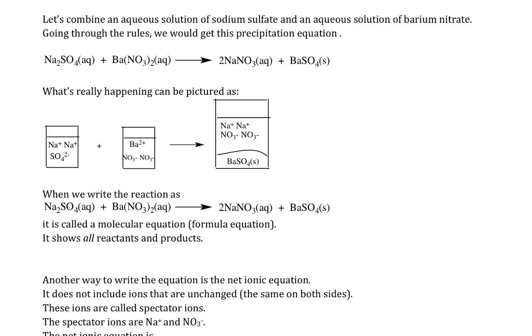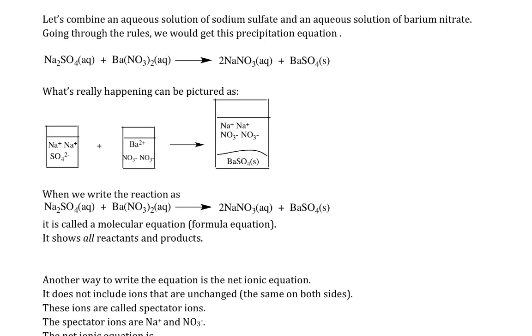The Ba(NO3)2 is Ba2+ then the 2 NO3 minuses separated from one another. In our product beaker, because we have two NaNO3 aqueous, we have Na+, Na+, NO3-, NO3- in our solution. And then in the bottom, we have the BaSO4 solid.